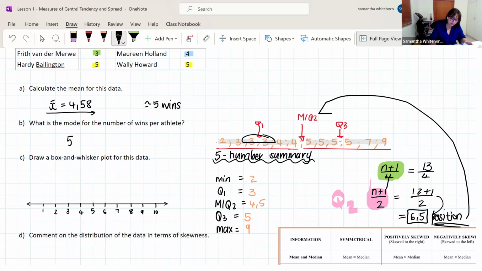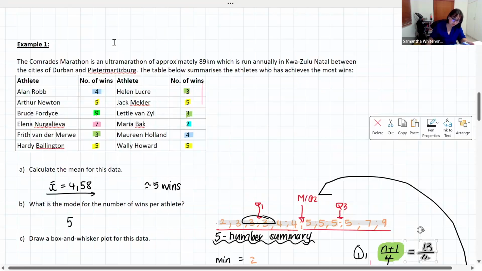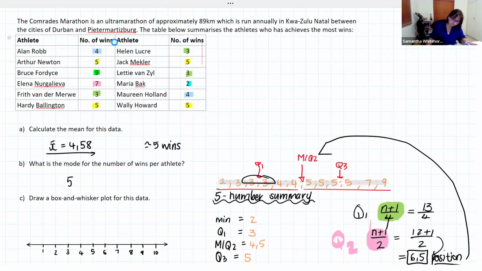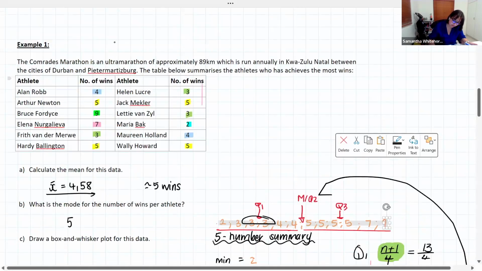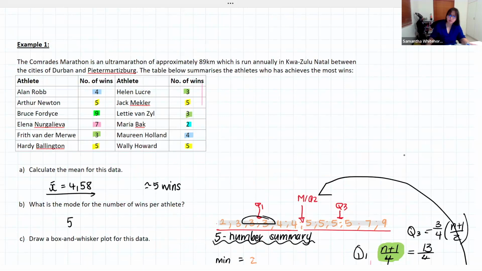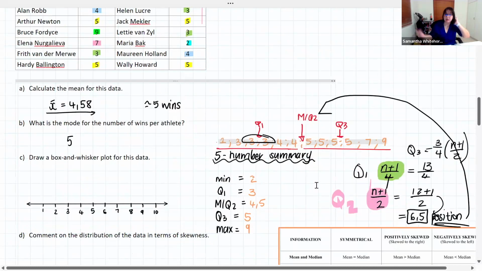Okay, so this would be for quartile 1. If you wanted quartile 3, you would say 3/4 of n plus 1 over 2. So that would be quartile 3. And like I said, I don't use them, I don't like them.